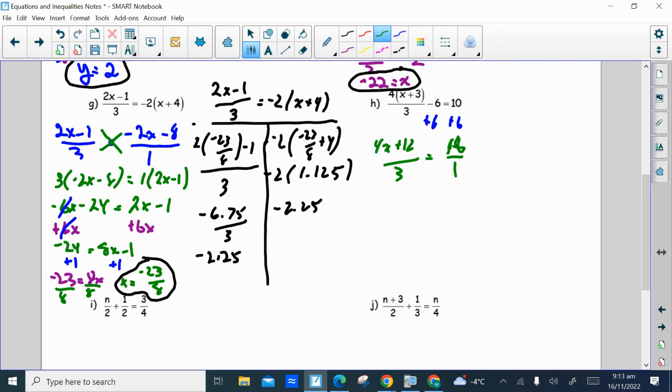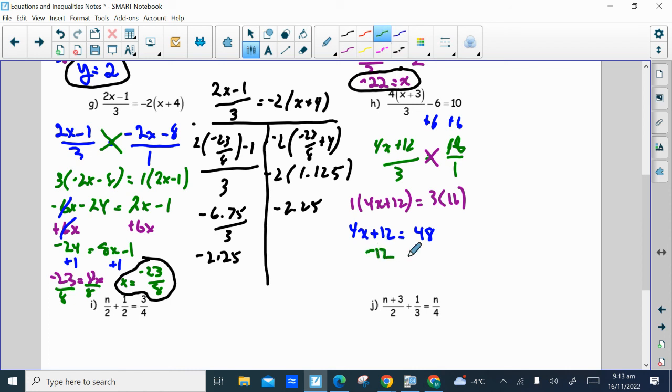So now I have both sides as fractions, like I've done before. I can now cross multiply. 1 times 4x plus 12 equals 3 times 16 when you cross multiply. Or 4x plus 12 equals 48. Because 3 times 16 is 48.